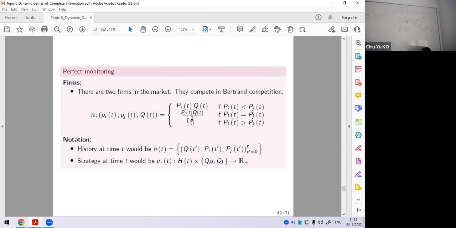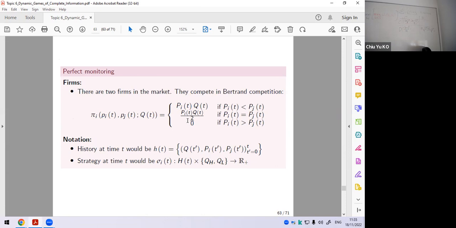You set the lowest price, then you get the whole market. If the price is the same, you split it. But the total quantity can fluctuate. So if you look at this history of the quantity, and also the history of the prices.